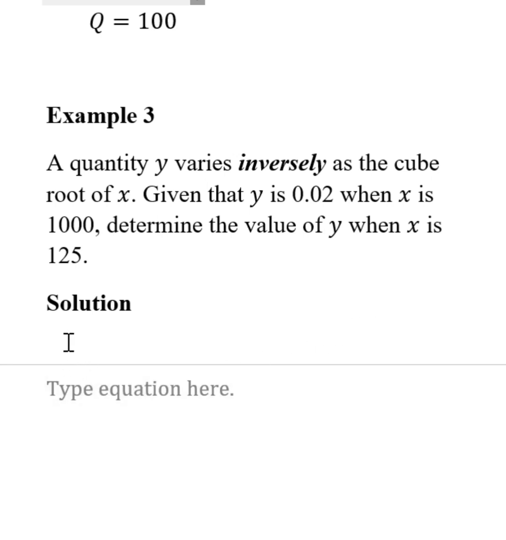So as usual, we shall start by finding the relationship between y and x. We shall write y varies as, because it's inverse, we shall have 1 over. So y varies as 1 over x. Not x, but the cube root of x.